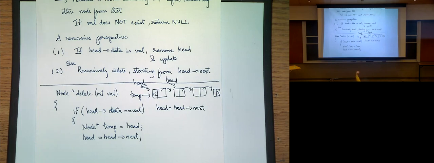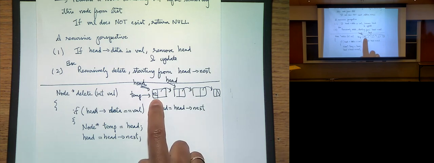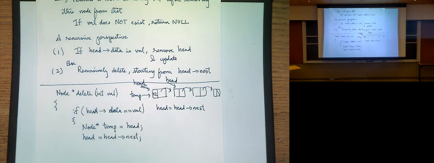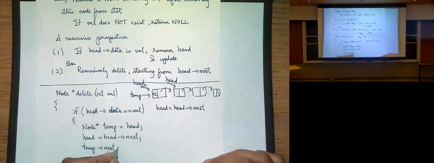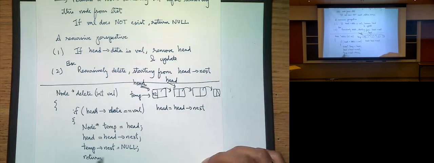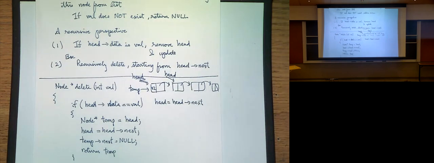Right, you would do temp arrow next equals null, and then you can return temp. So these 4 lines of code will delete that node from the list if it is the head.